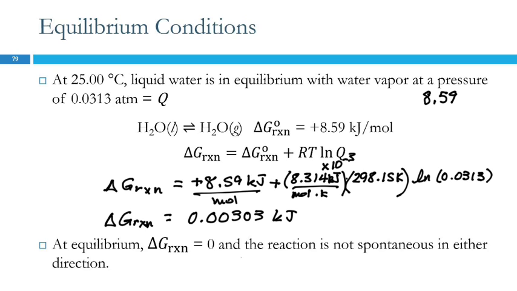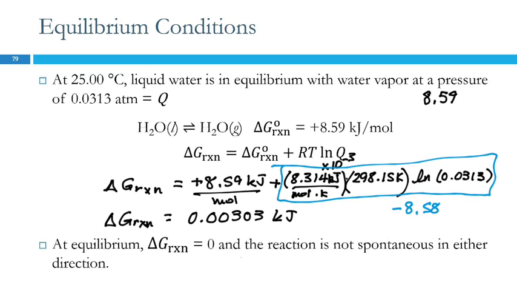So, let's use some different colors here. So this part is negative 8.58696941 kilojoules. So I've got numbers with 4 and 5 sig figs. I also have a number with 3.